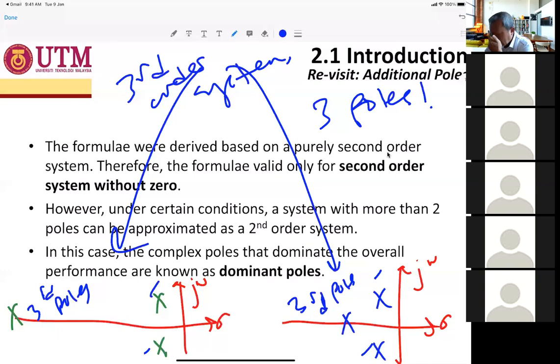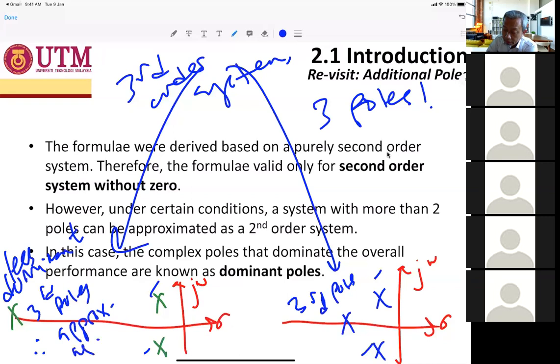Yes, doctor. Okay. So dominant means the poles have a very high influence towards the output of the system. So if the third pole is far, far away from the imaginary axis, this one is considered less dominant, less influence. That's why it can be approximated as second order.